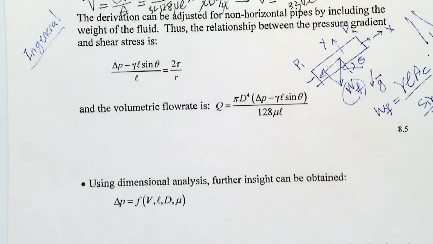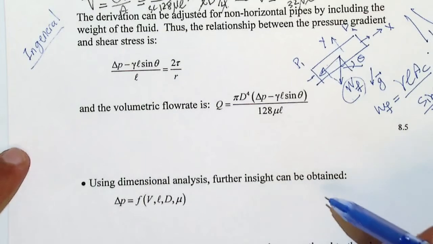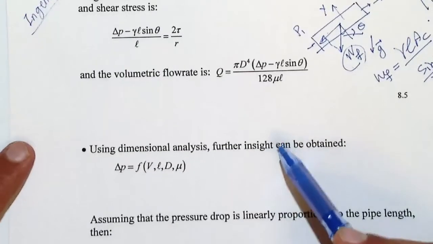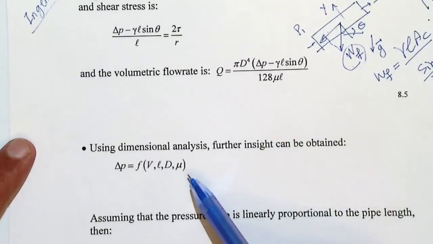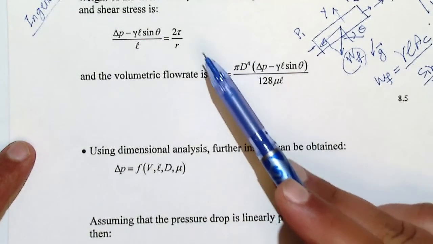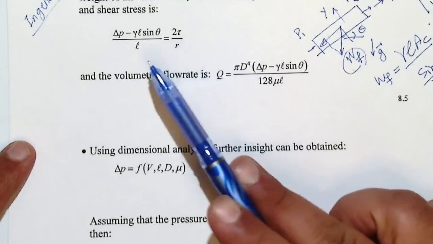Okay, so first, that's only the theoretical part. Let's do the dimensional analysis and find out what the friction is. First, write what the delta P, the pressure drop inside the pipe, is related to. We found out that delta P is related to tau, so it's related to velocity, and to L, right?